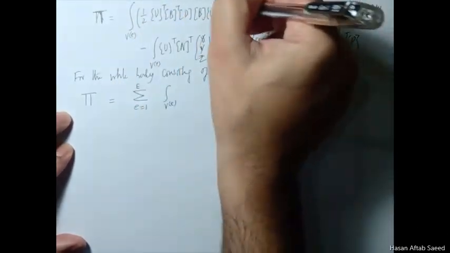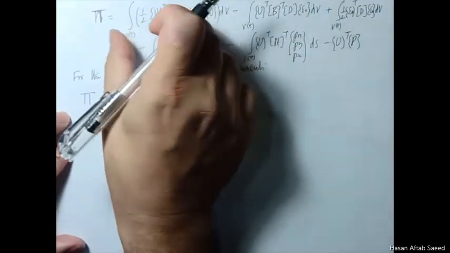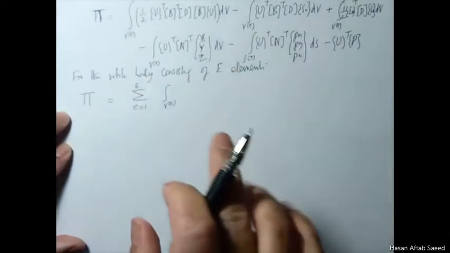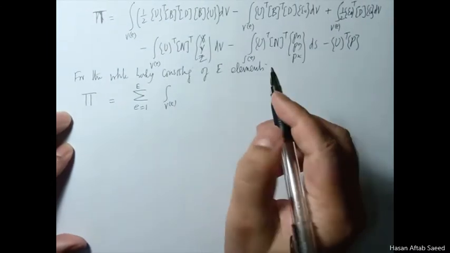Inside these are the expressions, these are summations for one element. This summation is for assembly of all elements, and we know how to do it with the connectivity table.